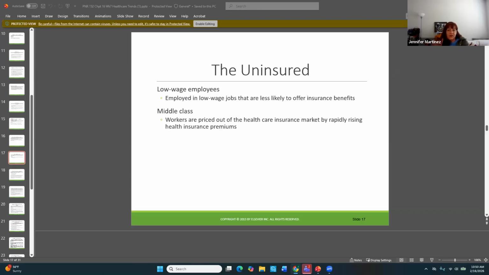Because if you're making minimum wage and your premium for your insurance is $500 every 2 weeks, you're not going to be able to pay the $500 because you're not going to have any income, right? So we really look at the uninsured. This is a very vulnerable population when it comes to healthcare within society.